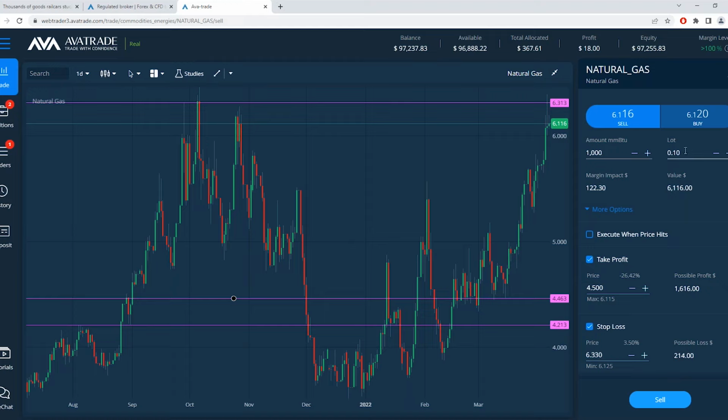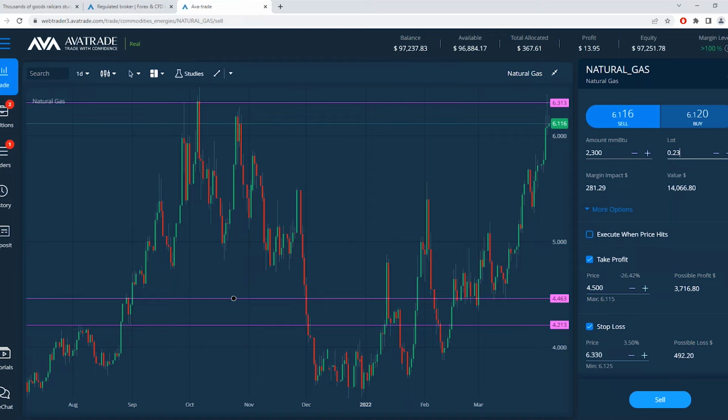Now again, I adjust my trade size so that I risk the amount I'm willing to risk. And so you see it calculates right around 500. Maybe I go a little lower to get just below it. And now I know my potential profit to my take profit, potential loss to my stop loss.